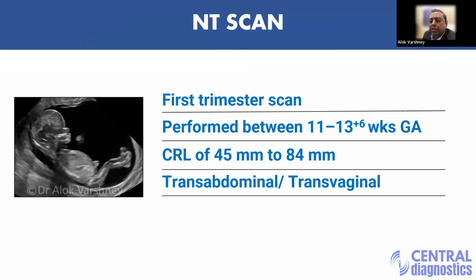So we get very sharp images, very good images. But the only drawback is that the maneuverability is not that great, and we have to be very dependent on the baby coming into proper position. Then we can acquire good images. So start with transabdominal, shift to transvaginal whenever possible.